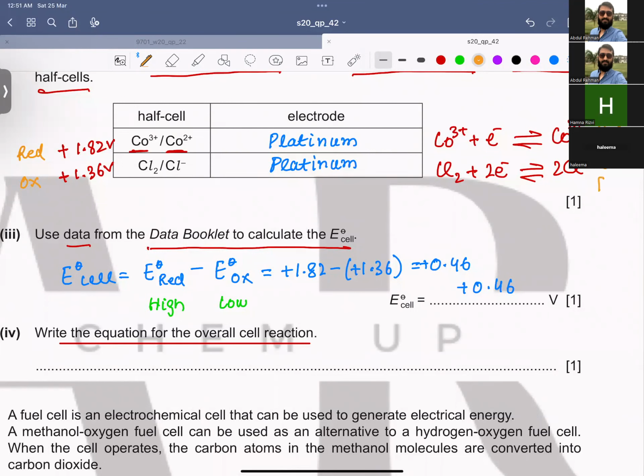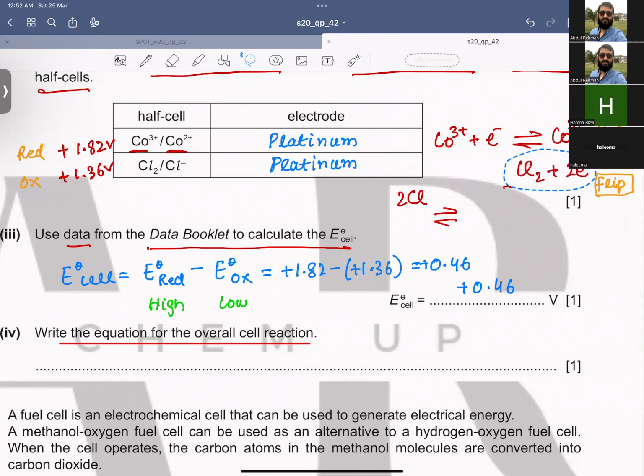So the one where the oxidation is taking place, you have to first flip that equation. तो आप अगर इस इक्वेशन को फ्लिप करेंगे, so your reactants go to the product side and your products come to the reactant side. तो हमने इक्वेशन फ्लिप कर दी.